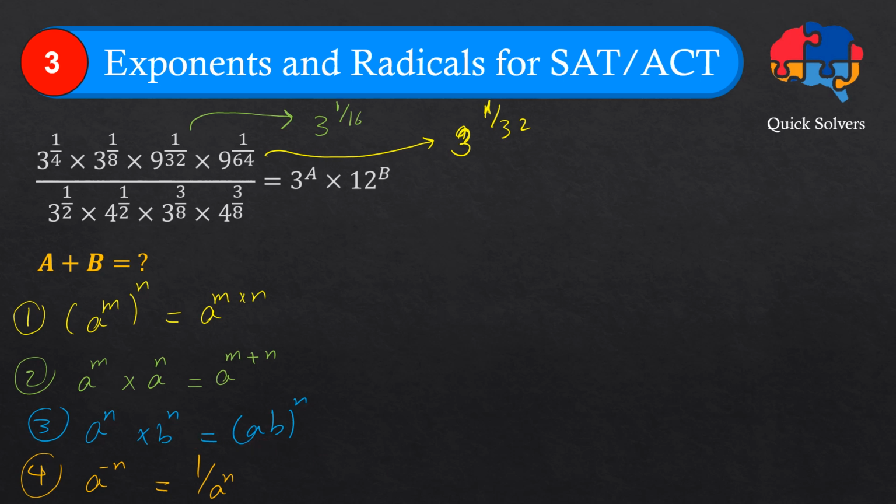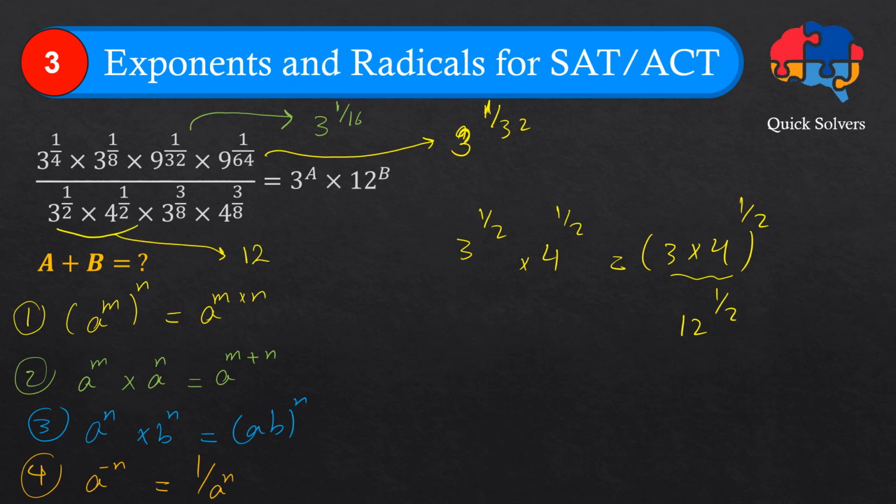That means instead of 3 to the power of 1 over 2 times 4 to the power of 1 over 2, I can write 3 times 4 to the power of 1 over 2. And this is very good because 3 times 4 is 12. Then I can replace this by 12 to the power of 1 over 2.